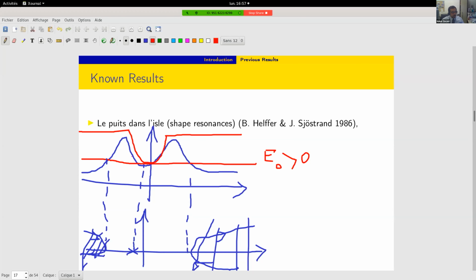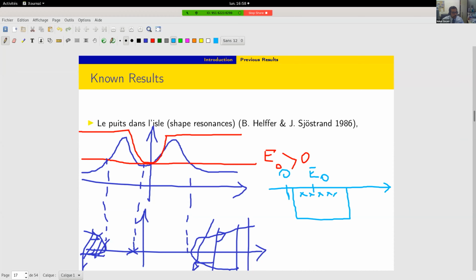And Helffer-Sjöstrand show that the resonances in this case, near E0, in some box, some neighborhood, what we call the shape resonances.